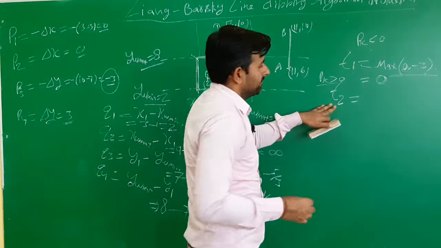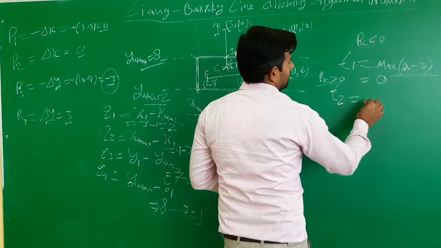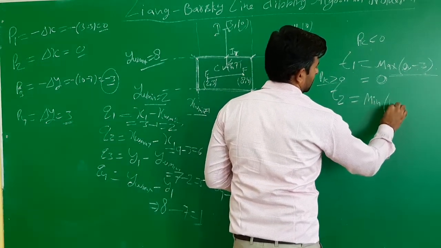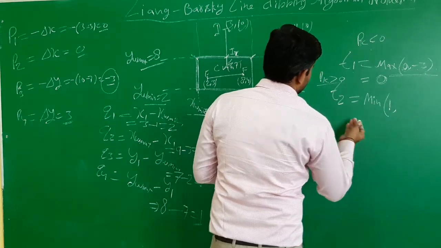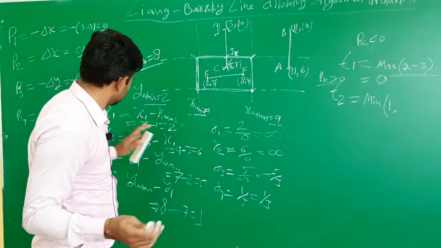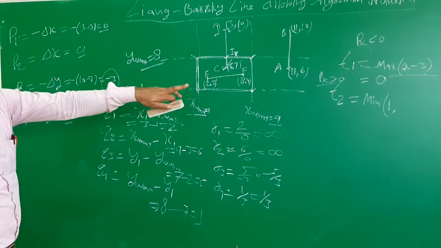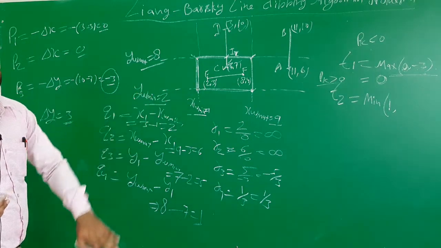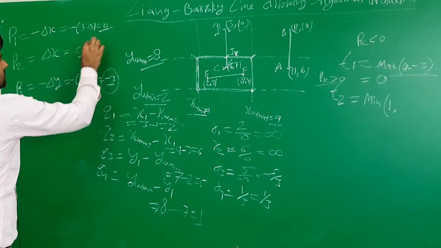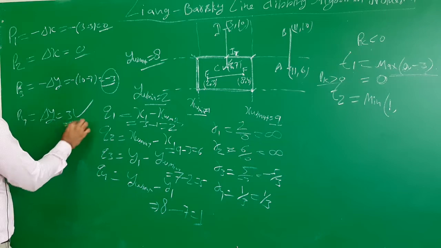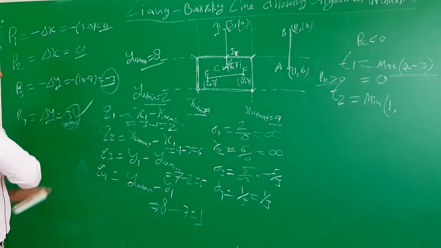Clear? And for T2, we take the set of 1 and all other values where P is greater than 0. The P values 0, 0 are not greater than 0, but 3 is greater than 0.